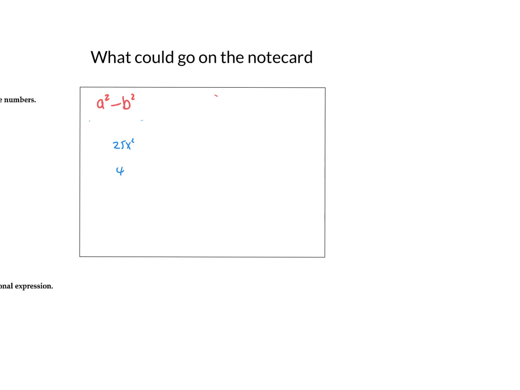It could also be the difference between two cubes and the sum of two cubes. So that would look like the following. Let me just finish this. A plus B, A minus B. So the difference between two cubes looks like this, and the sum of two cubes looks like this.